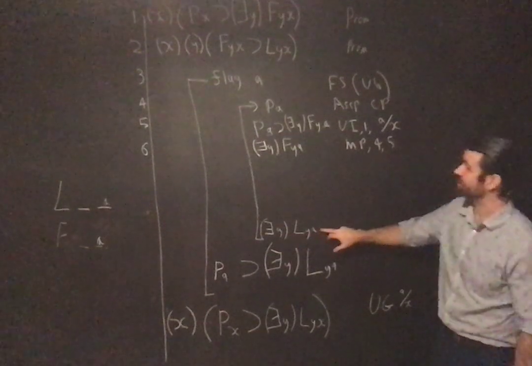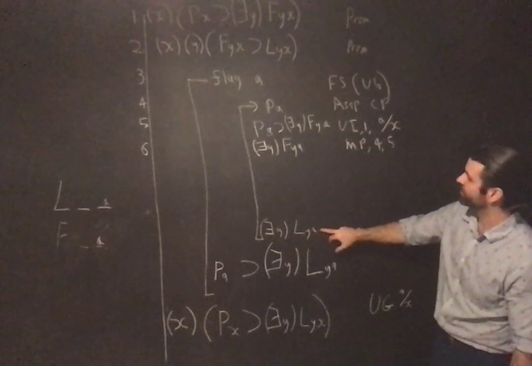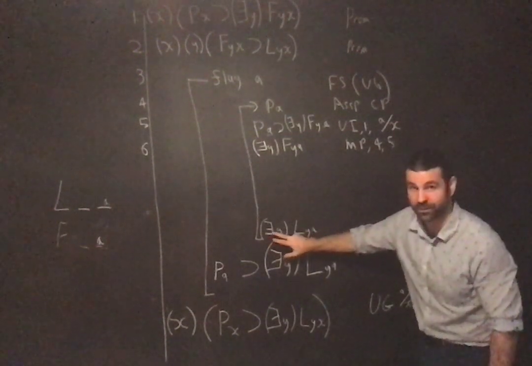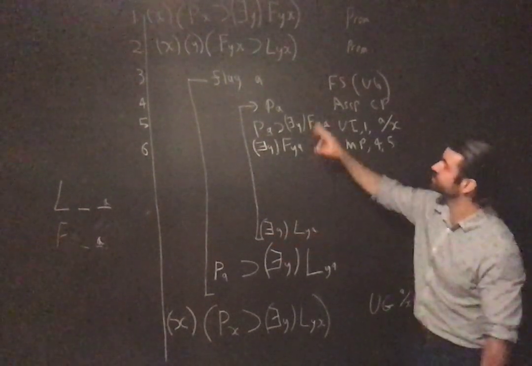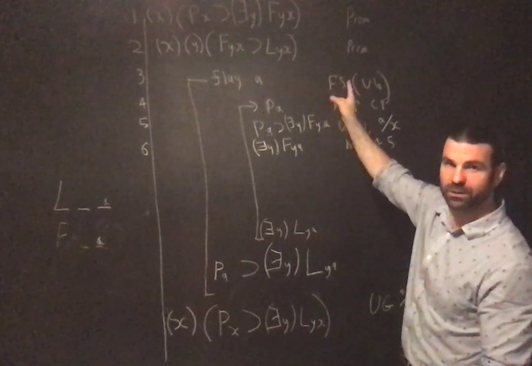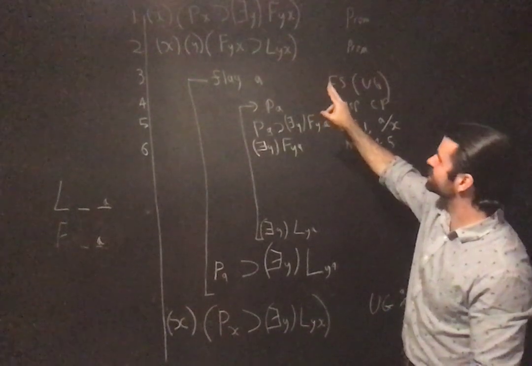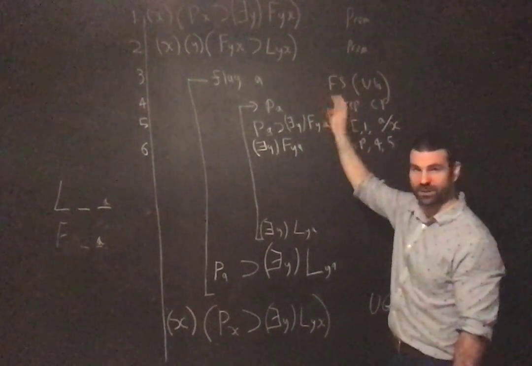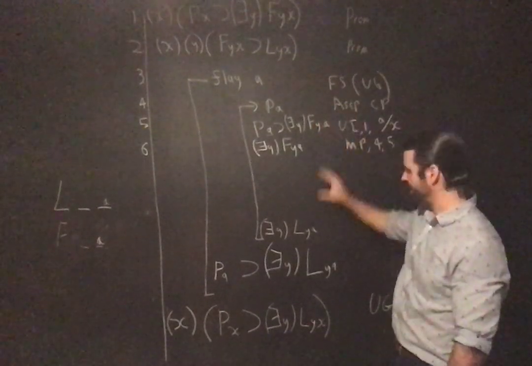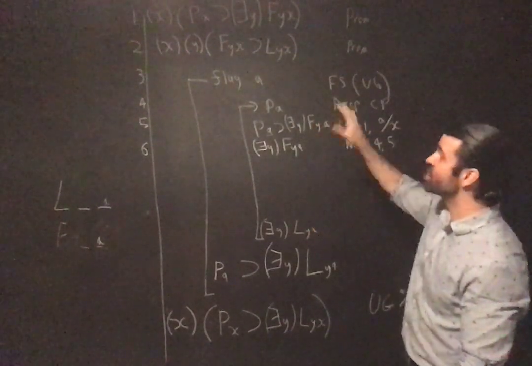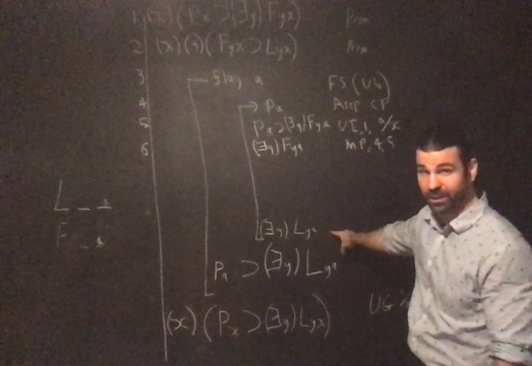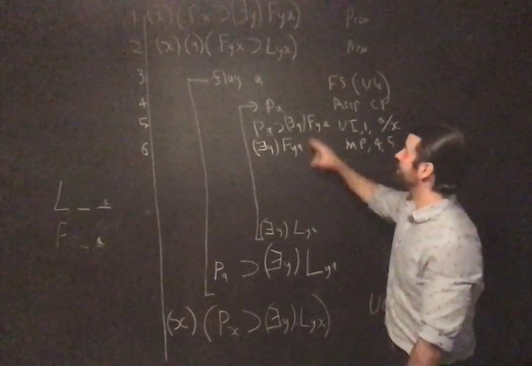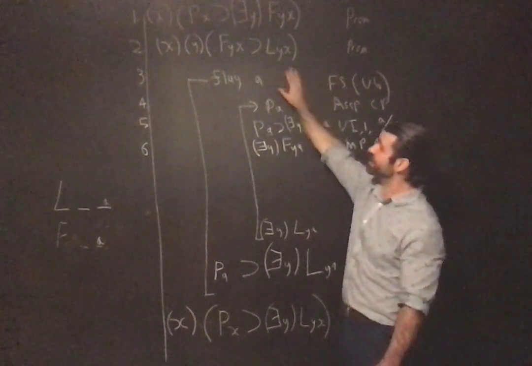This is an existential statement. There exists a y, ly. Let me look at the consequent of 1. That consequent is an existential statement. Is it ly? No, it's fy. Is there an existential combining the L predicate anywhere? No. The only place the L predicate appears in the premises is in the consequent here, right?